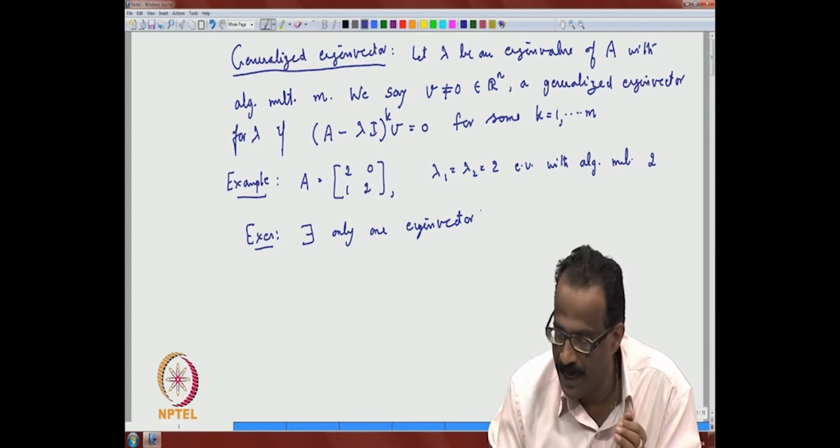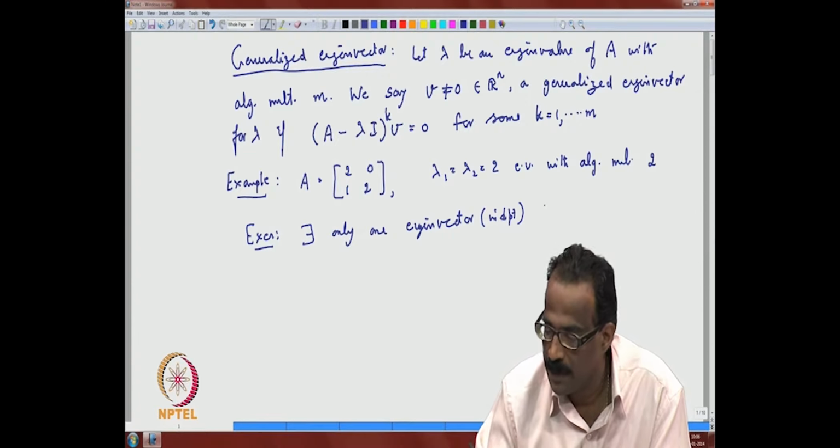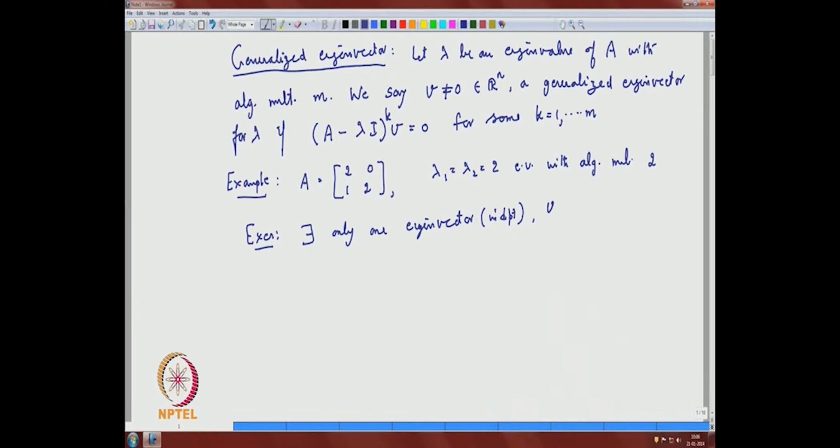Of course, if you have an eigenvector, every multiple of that is also an eigenvector, and it can be taken to be, say, v1 equal to 0 1. You can prove that if v is an eigenvector, every eigenvector will be a multiple of that one. Now, prove that any vector v is a generalized eigenvector.